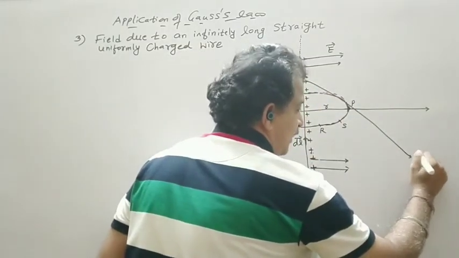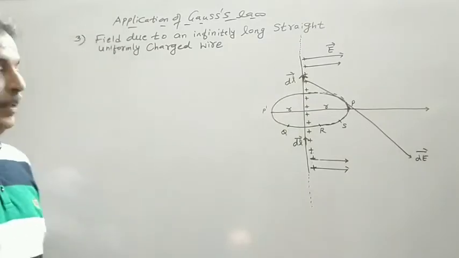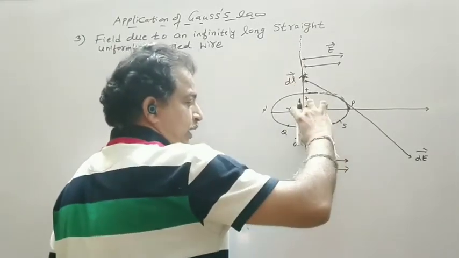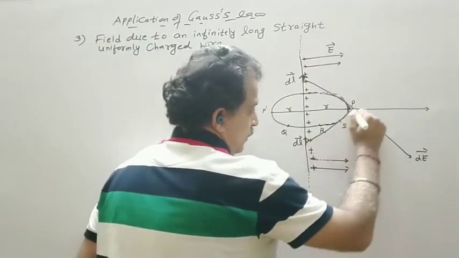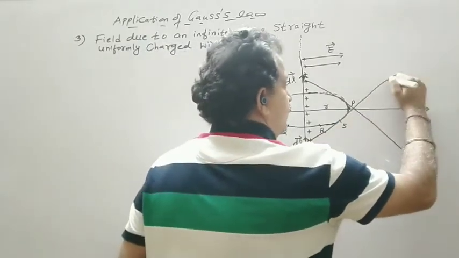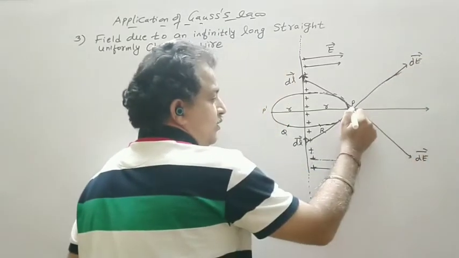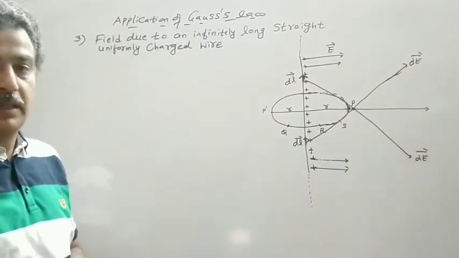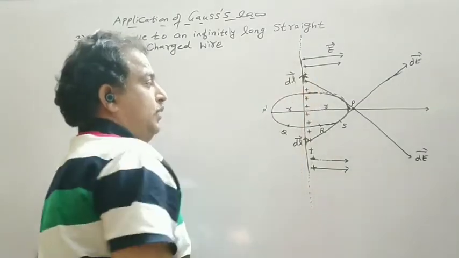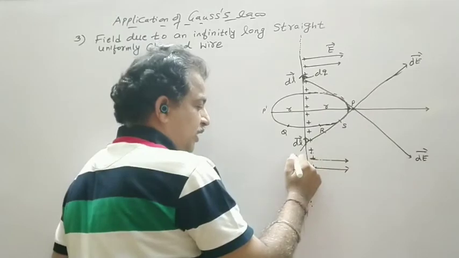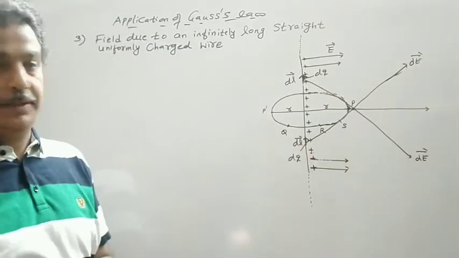This is dE. Similarly, for this element, these elements are equidistant. So this is dE. If I place a test charge at this point, this is a source, line element dl vector, amount of charge dq, that we have studied in continuous charge distribution.